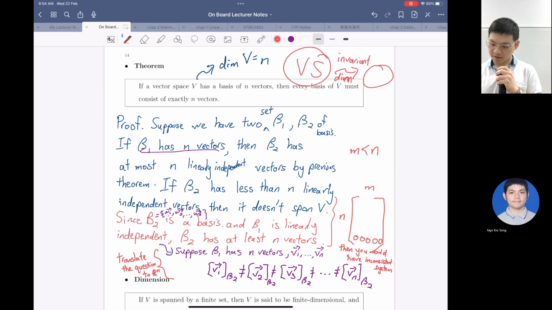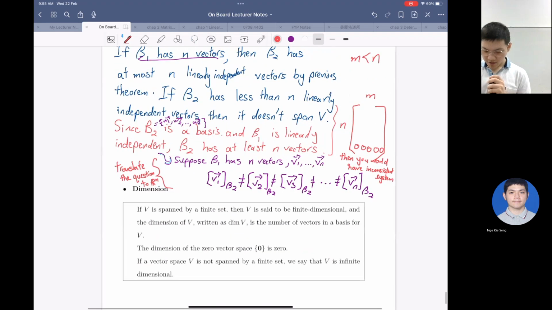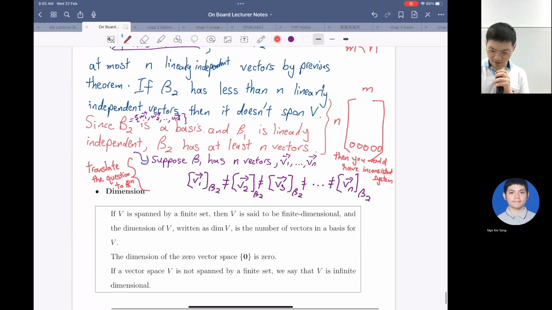The dimension won't change. Given a vector space, I have a dimension. This is what we call the dimension of the vector space.